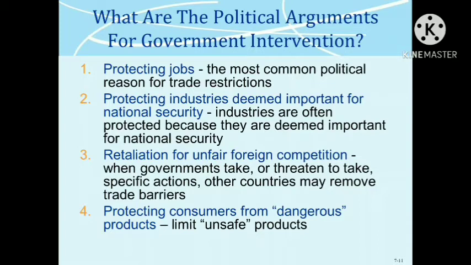Let's say the Philippines has banned pork and pork-based products from countries like Vietnam, China, and European countries like Germany, Belgium, and others because the first case of African swine fever happened in the Philippines.